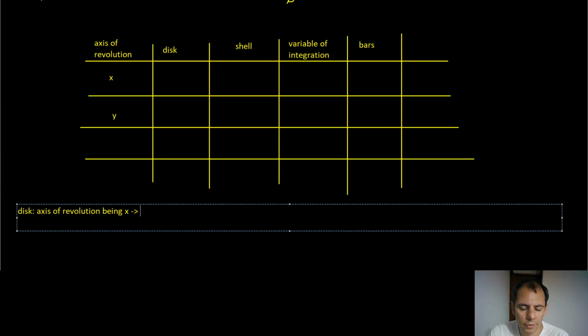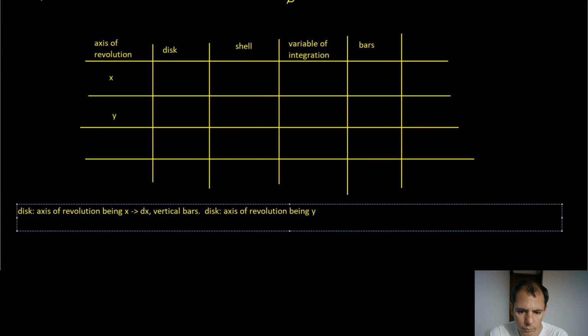What's going to be the variable of integration? Well, it's dx. That'll be the variable of integration, and because the axis of revolution is x, the bars are going to be vertical bars.